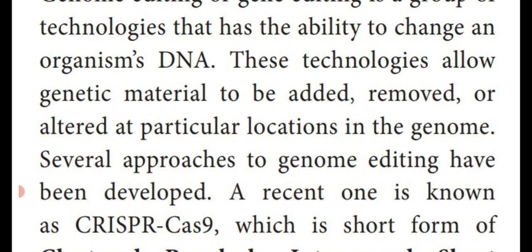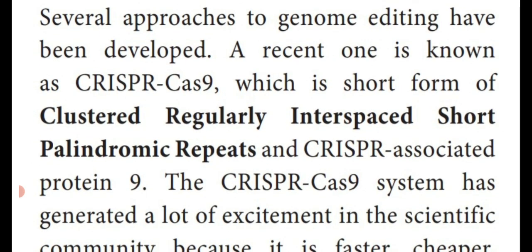So several approaches take place in genome editing: adding, removing or replacing. The recent method is said to be CRISPR-Cas9. It is a short form. The full abbreviation is clustered, regularly interspaced, short palindromic repeats. And CRISPR associated protein 9 is said to be Cas9.